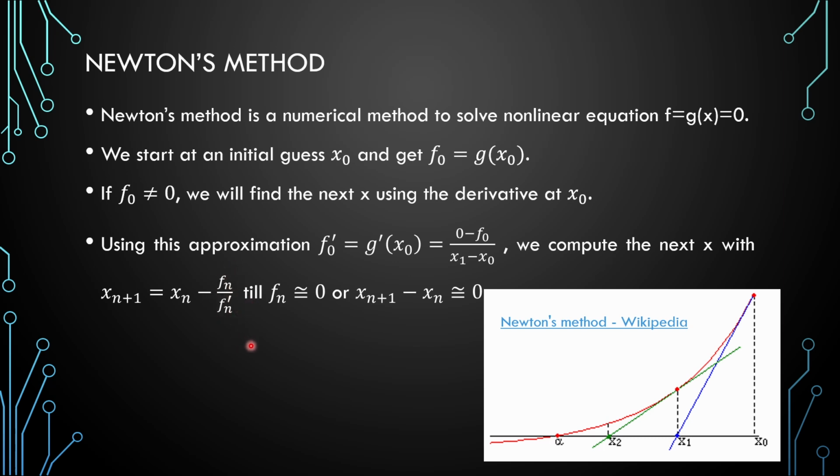We do that until fn is very close to 0, or xn plus 1 minus xn is very close to 0. Typically we set some tolerance or criteria to determine whether our answer is close enough to 0 and we can stop our simulation.